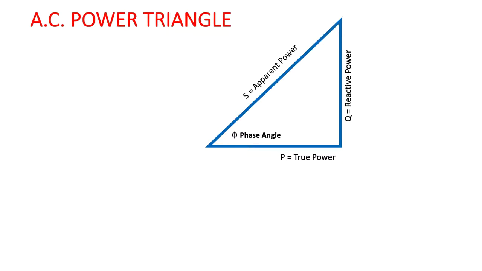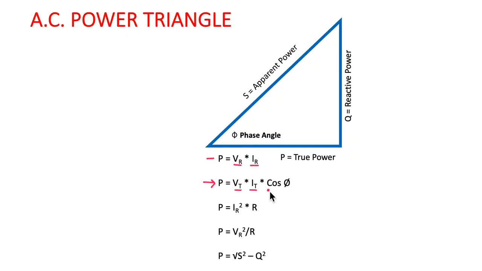So here are our equations around the power triangle. We'll start with true power. Power is the volts across the resistor times the current through the resistor. But if you don't have that, and that's common, then you have to default to this one: the total voltage times total current multiplied by the cos, or the power factor.